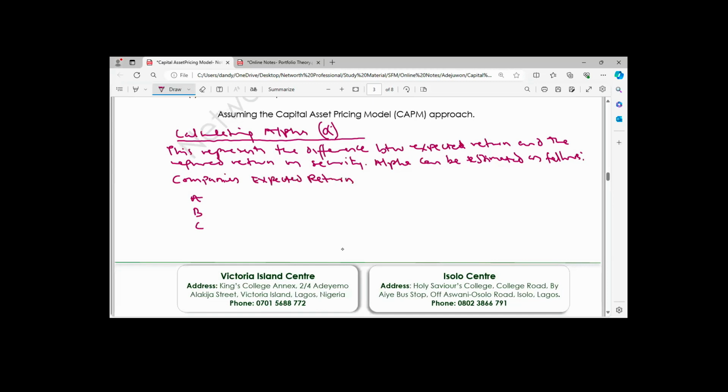This expected return will surely be given to you on the day of your exam. In most cases, the expected return will be given. Then you are going to create a column for required return. This required return, like I said, is simply the CAPM. Then finally, you are going to create a column for alpha.